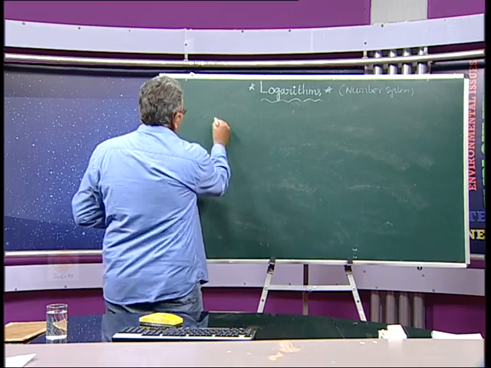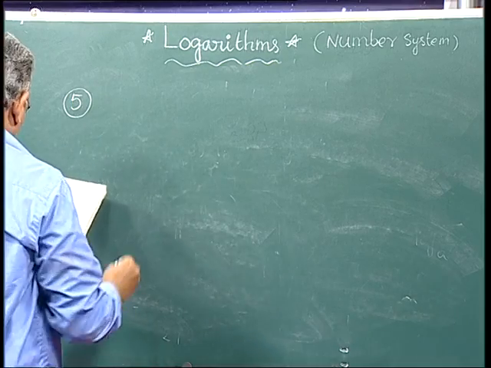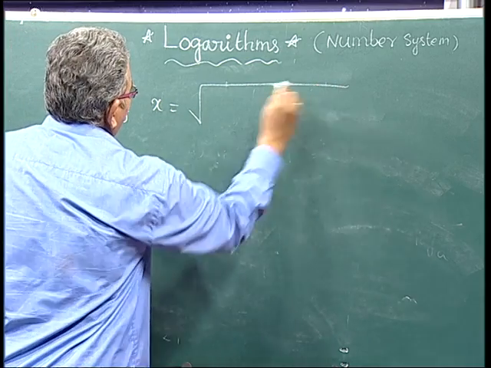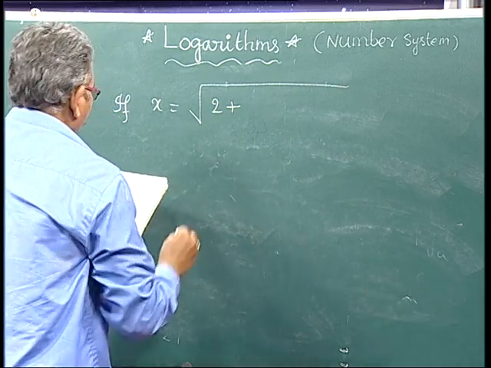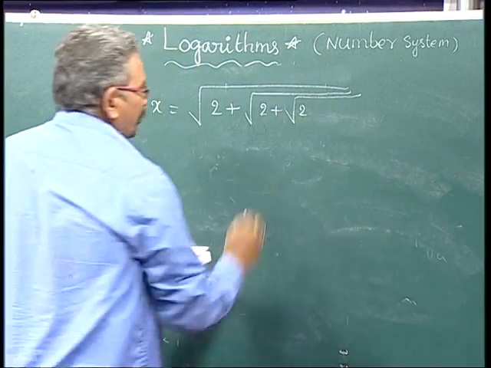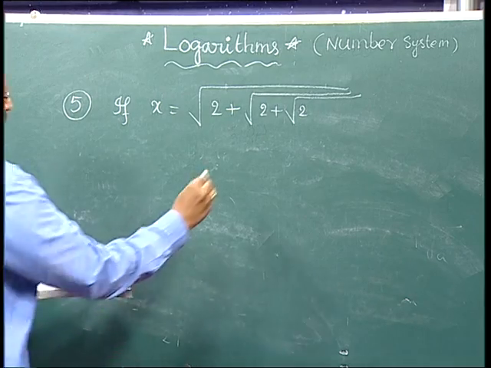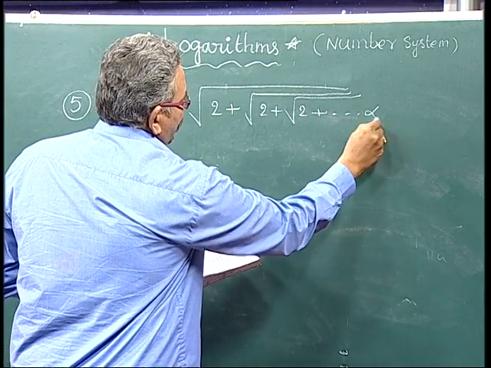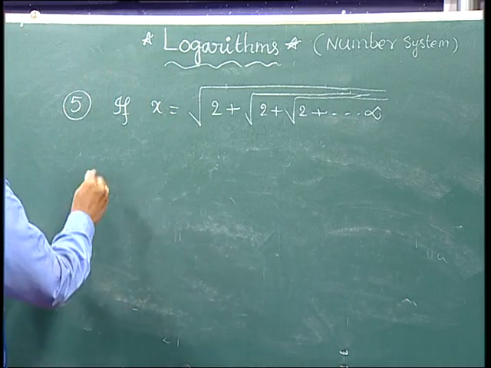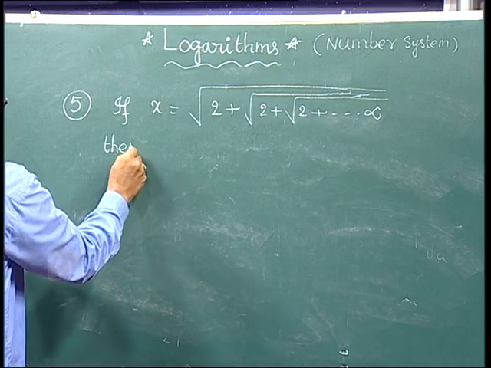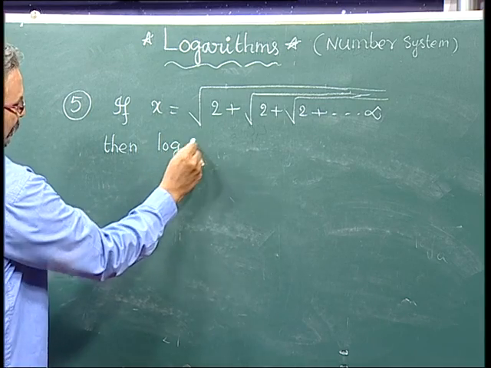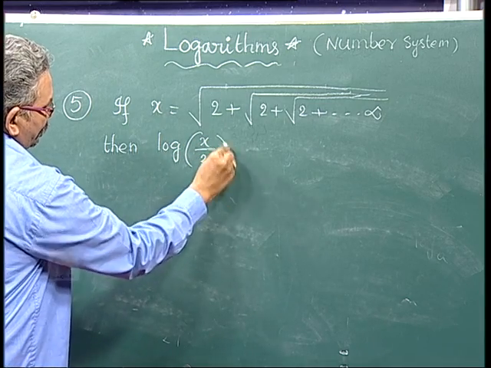Okay, now if x is equal to root 2 plus root 2 plus root 2 plus dash dash infinity, that means infinite terms, then log of x by 2 is equal to.